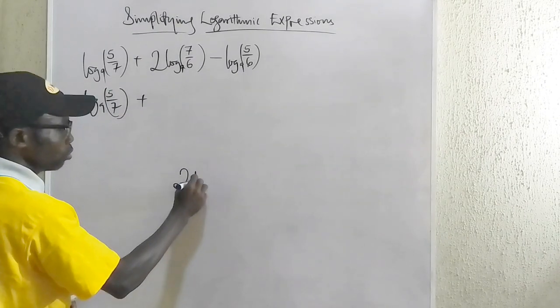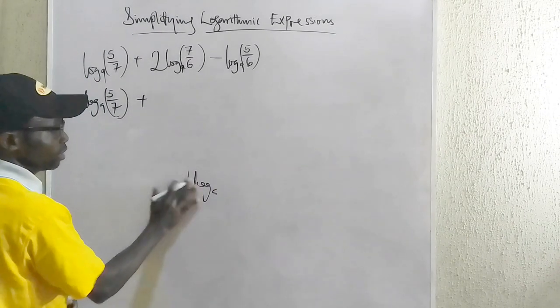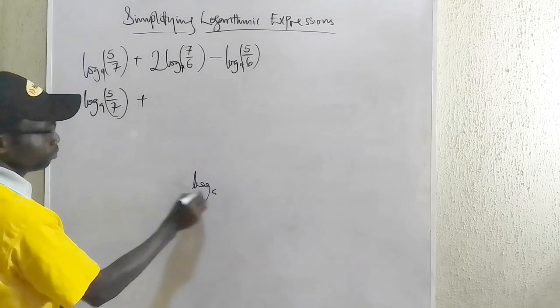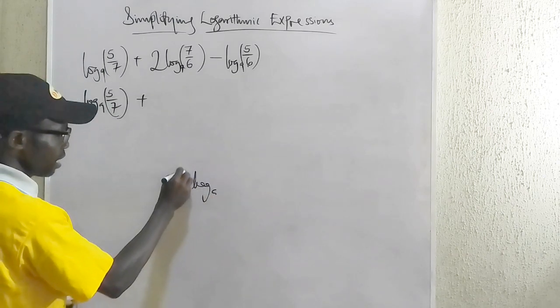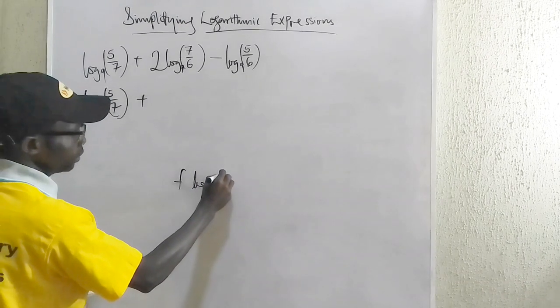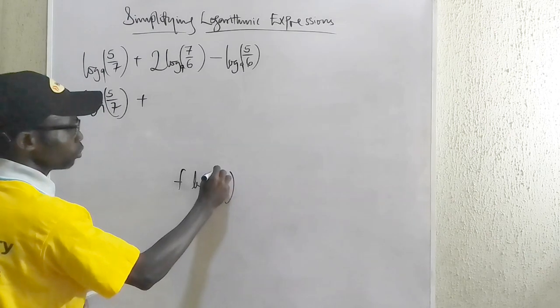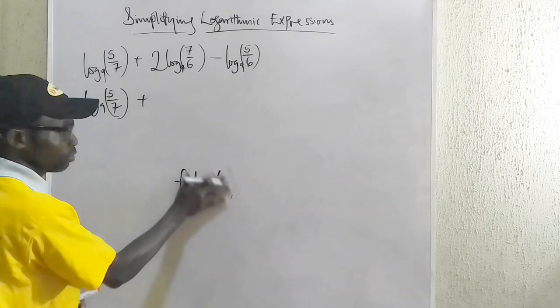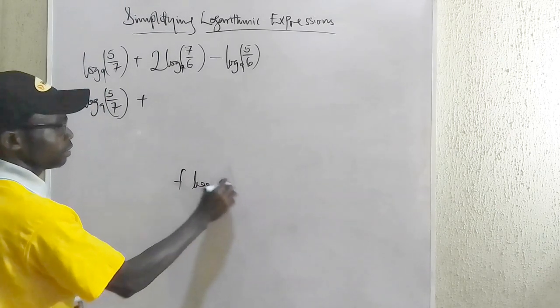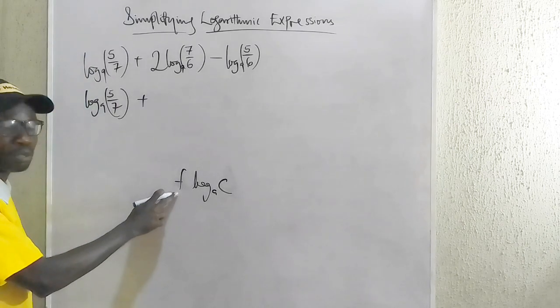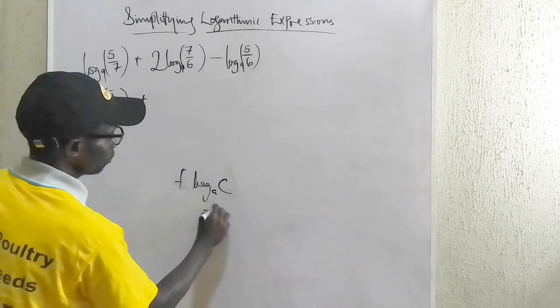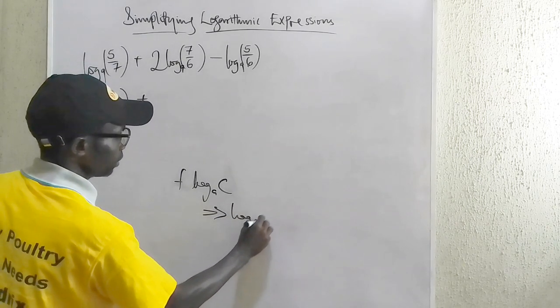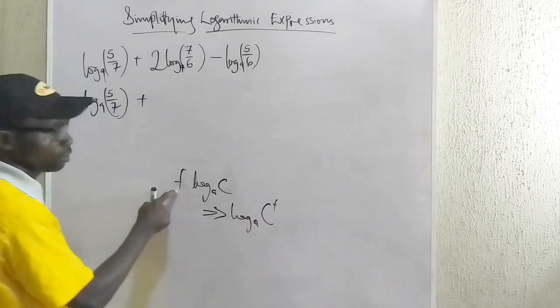By the rule, if you have something like 2 log, let's say log c over d, the rule states that this is actually a power, an exponent. This is going to be log in base a of c in power.